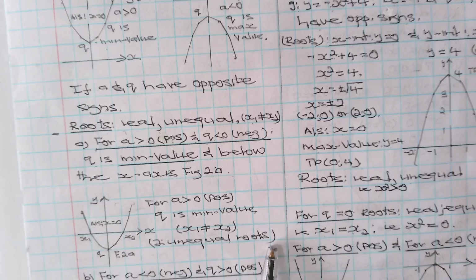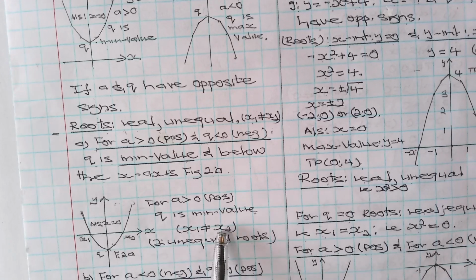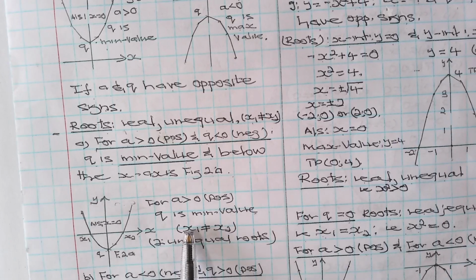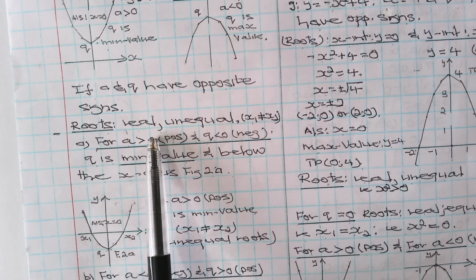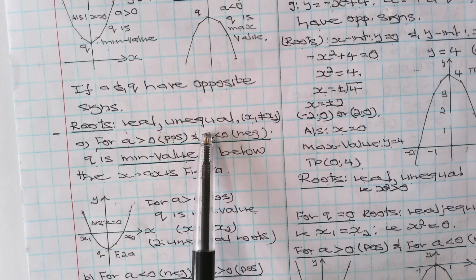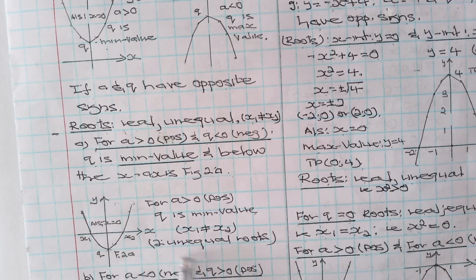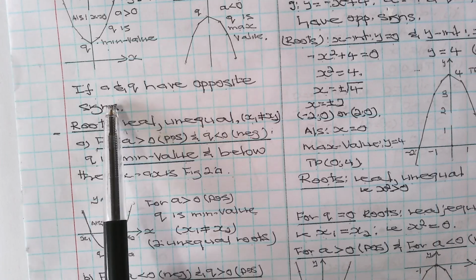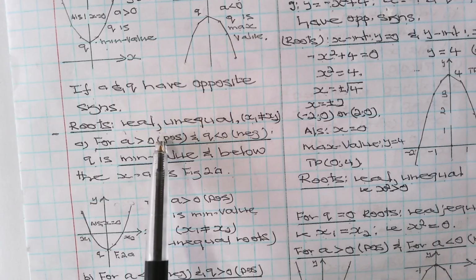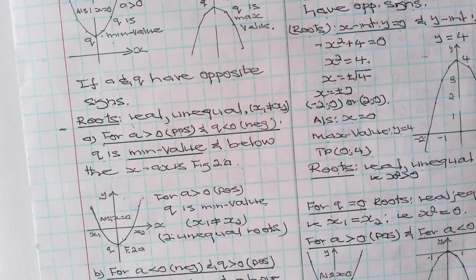Two unequal roots. Should x1 not be equal to x2, the roots are real and unequal. Two unequal real roots if a value and q value have opposite signs.